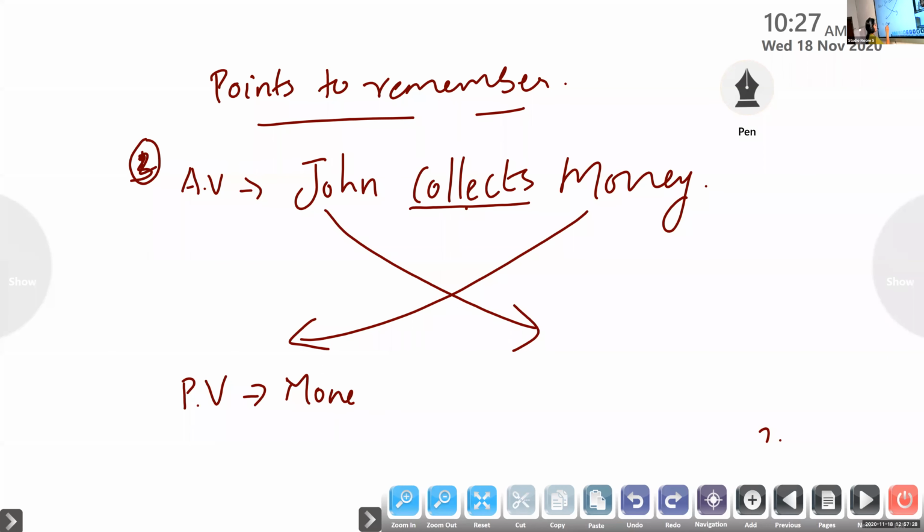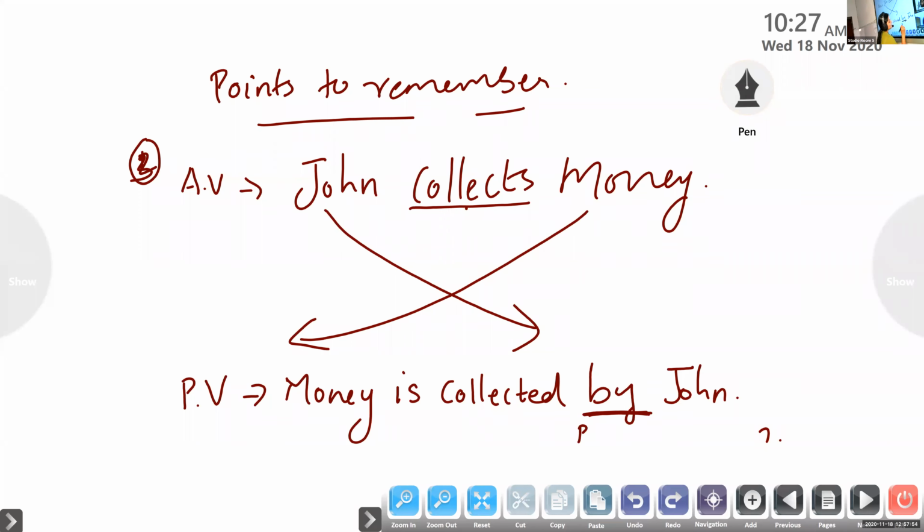Money. Now we got the be form plus past participle form, right? Money is collected. Write by and underline by John. Put a full stop.